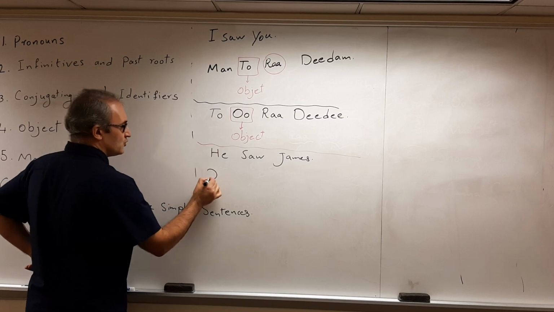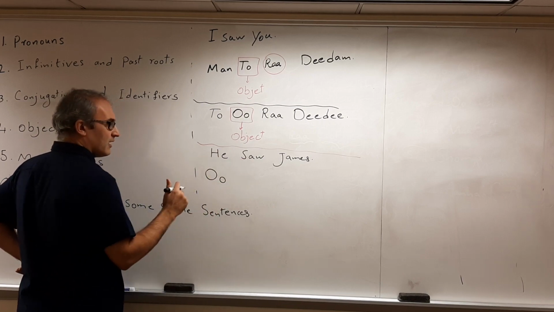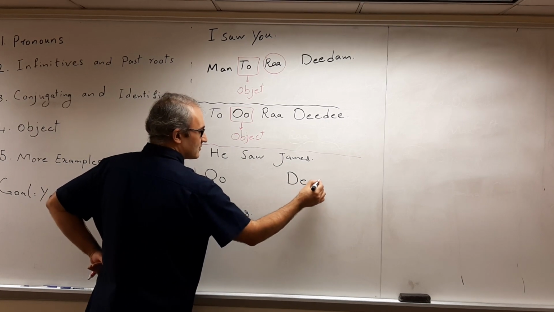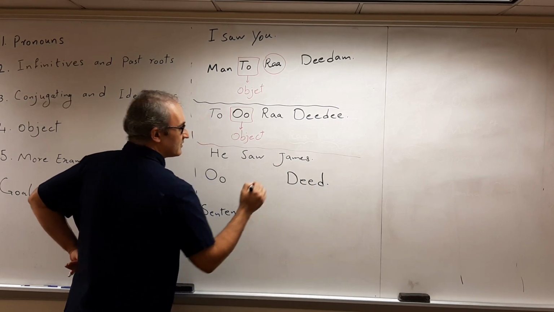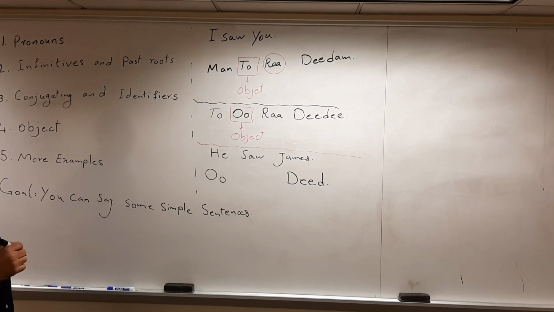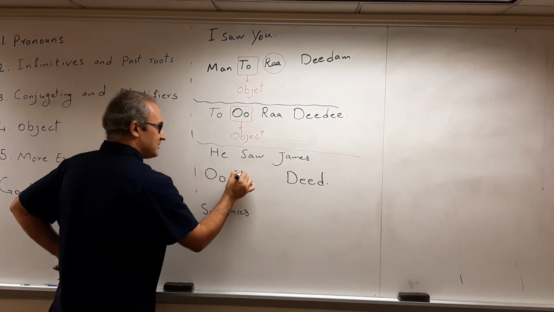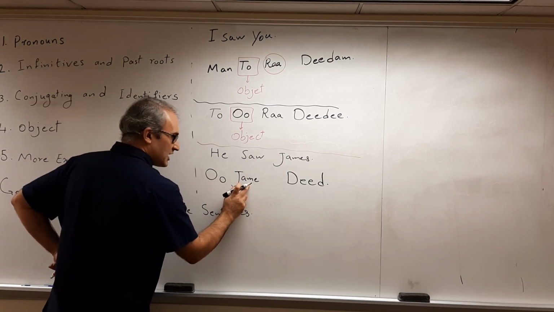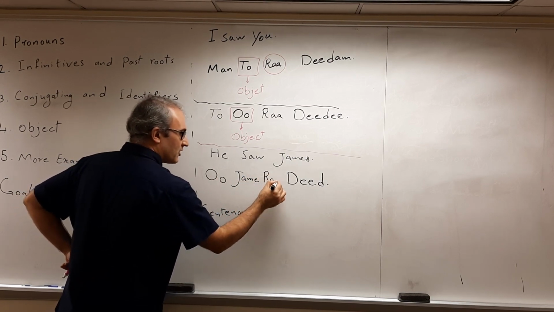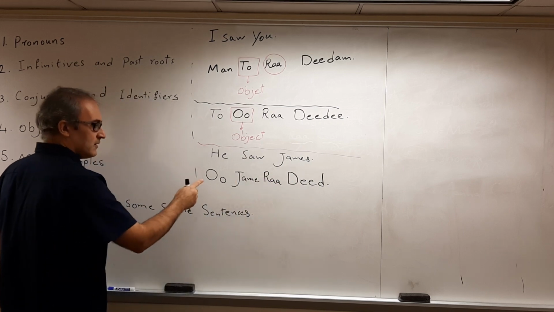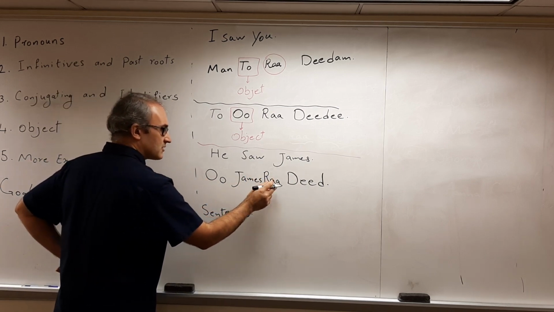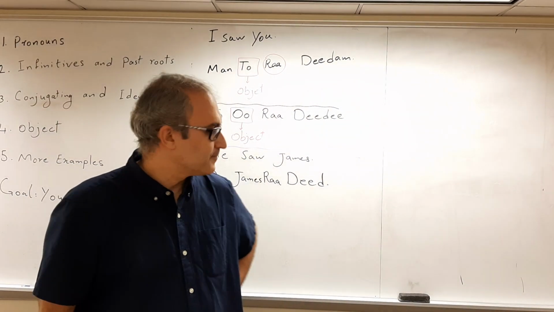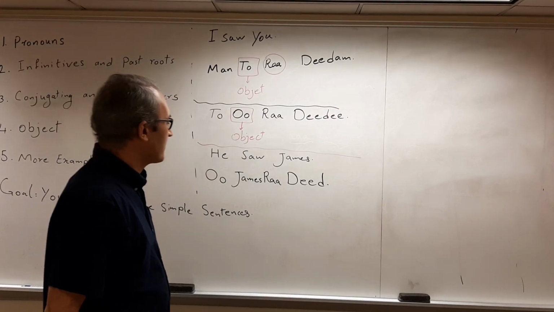He is who, saw is did, without identifier here. James must be here. Who James ra did. Who James ra did. He saw James. Who James ra did.